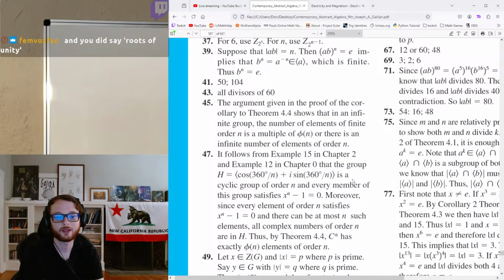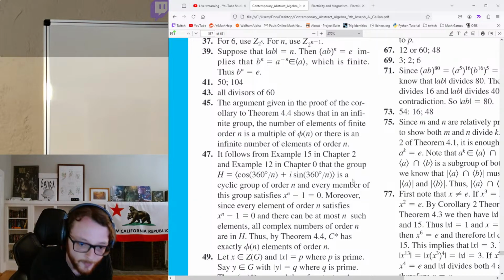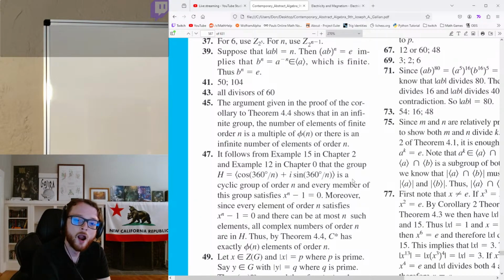There can be at most n such elements. I feel like they're skipping over the thing that I said. I guess they get to skip over it because they are finding cyclic subgroups in C star.